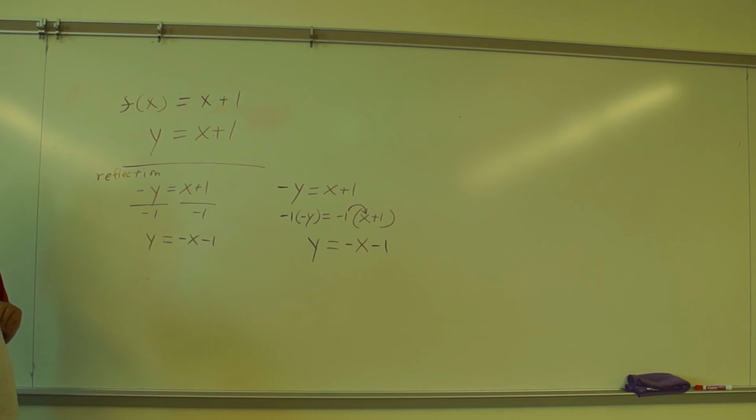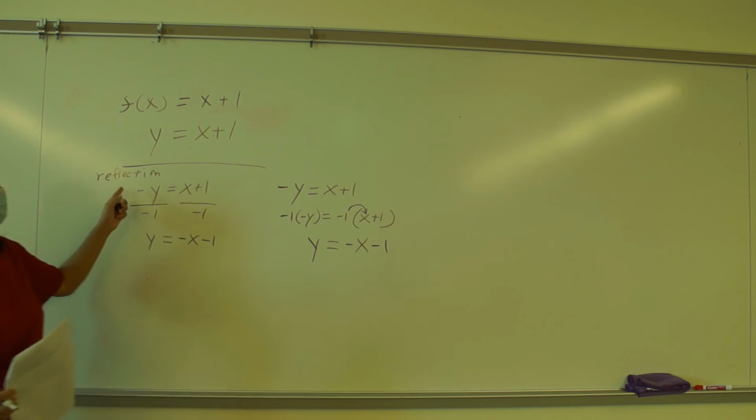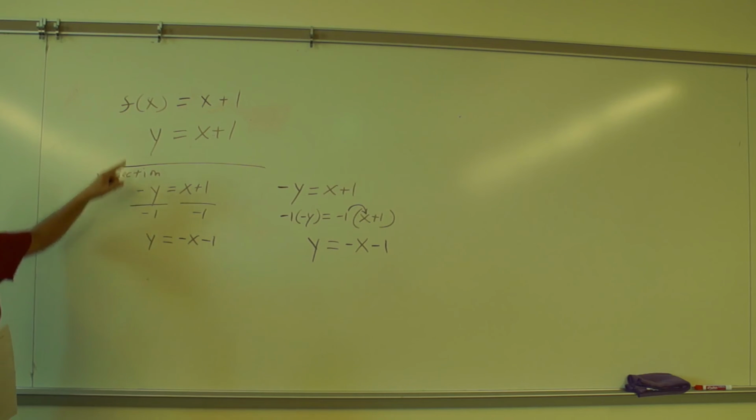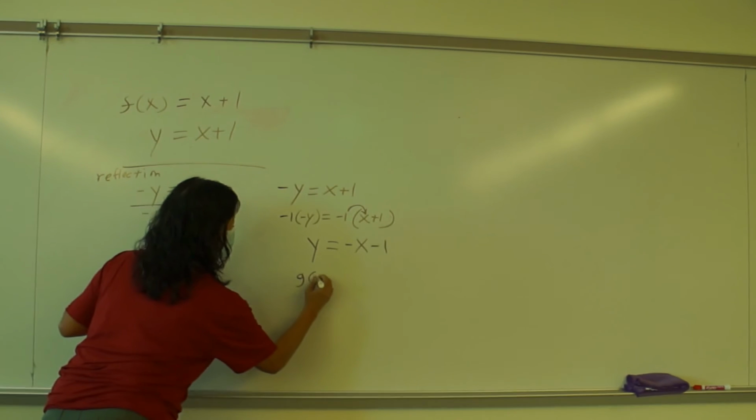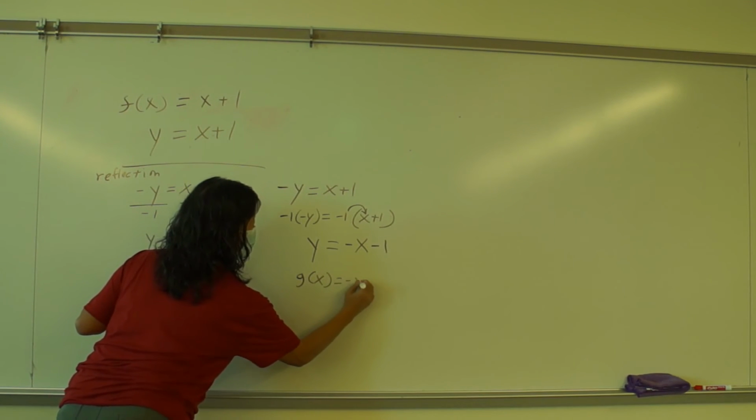Seems easier to do it. Either one. Yeah. You get the same answer, so I don't care which way you do it. But remember, this is a different function. It's a reflection, so it's not the same as this one, so I need to call it something else. So instead we'll call it g of x equals -x minus 1.